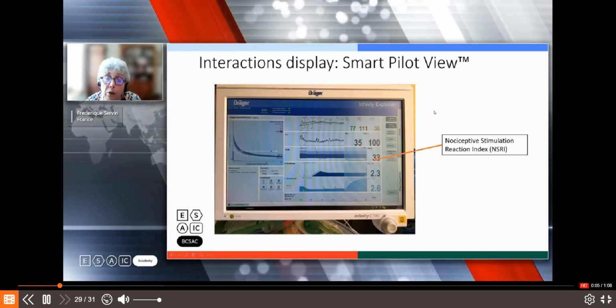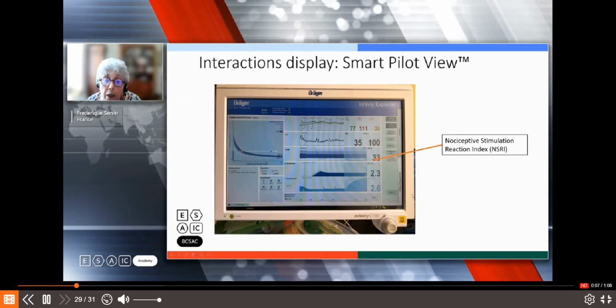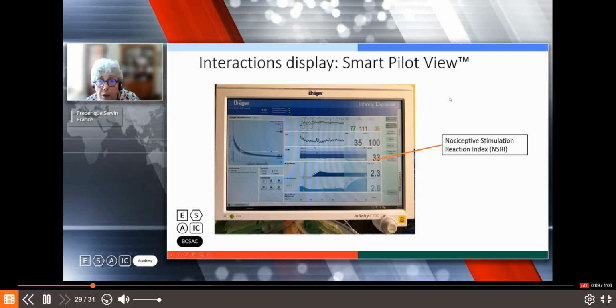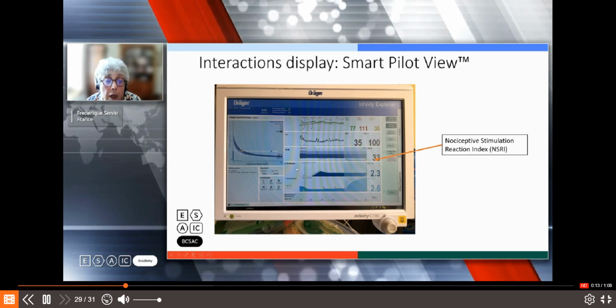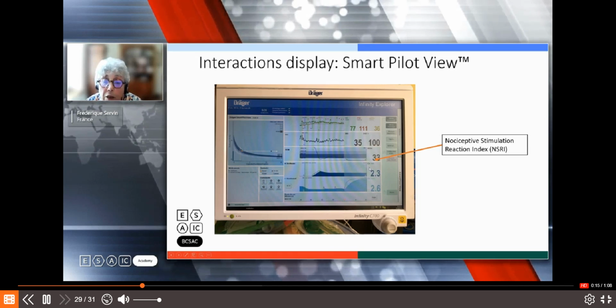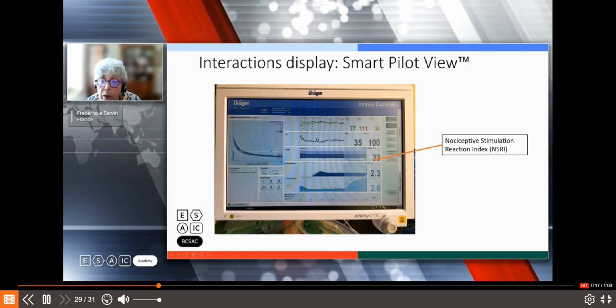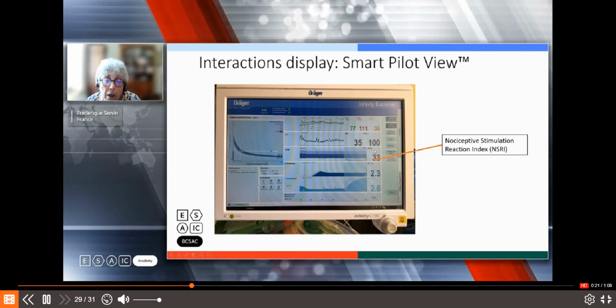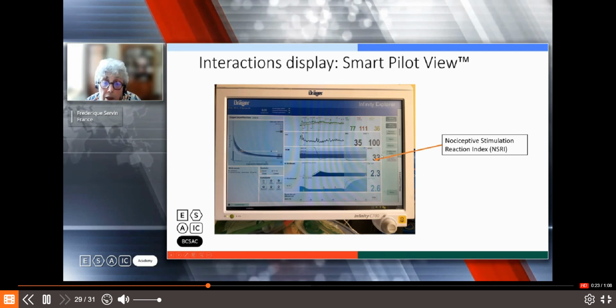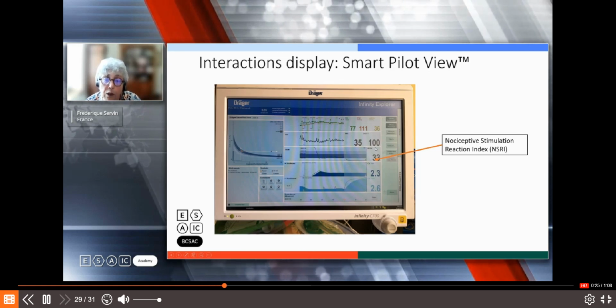There are a few devices currently on the market which display the interaction. And for example, this is a SmartPilot view from Draeger. It has several interests. First of all, it calculates a nociceptive stimulation reaction index, which can be linked to the probability of response.